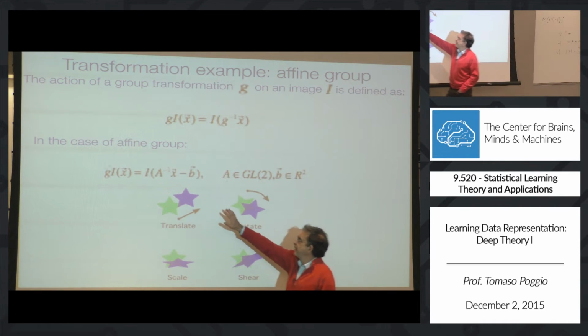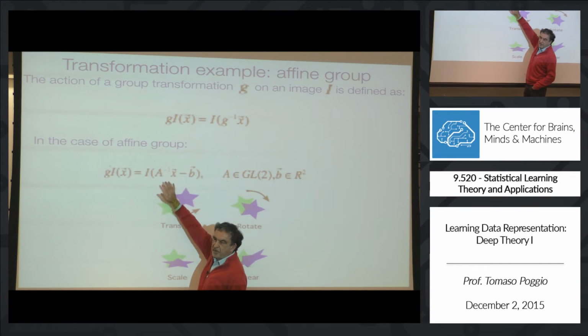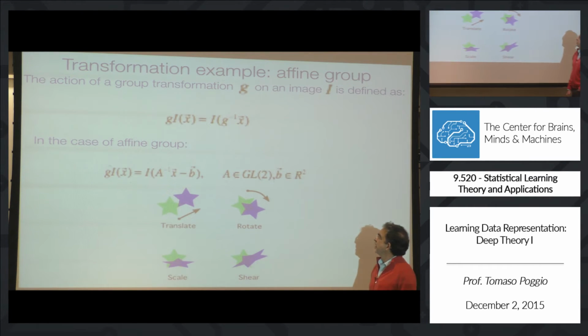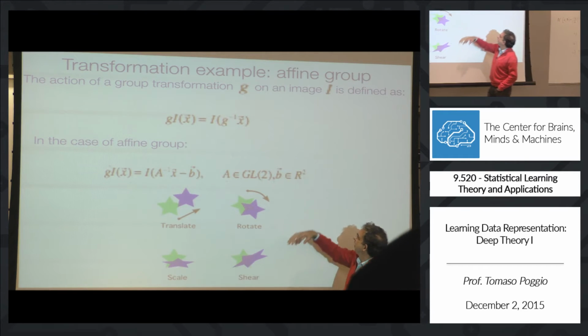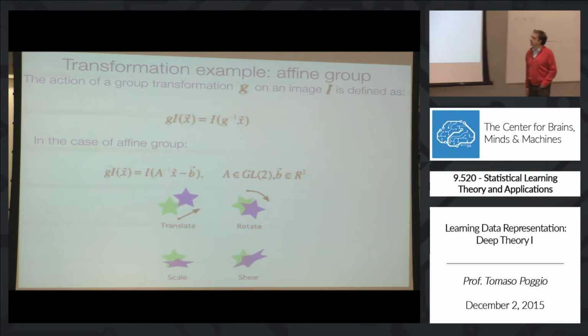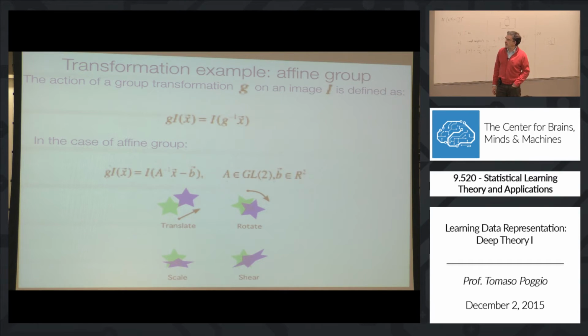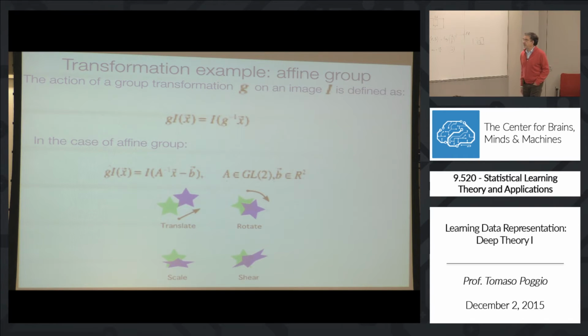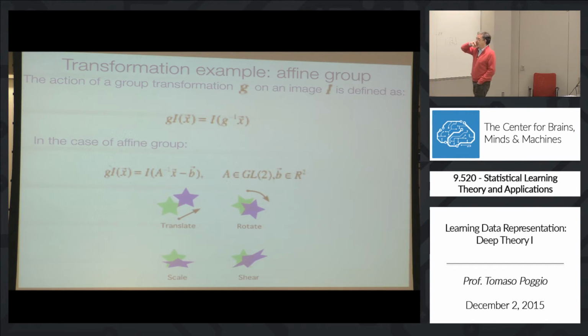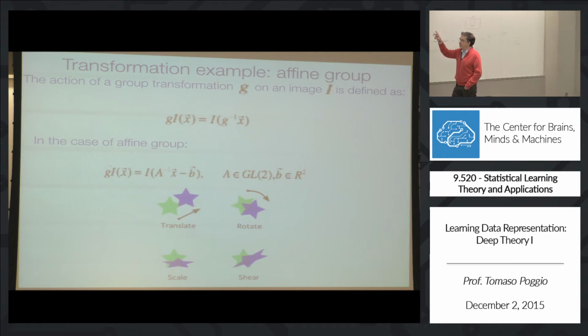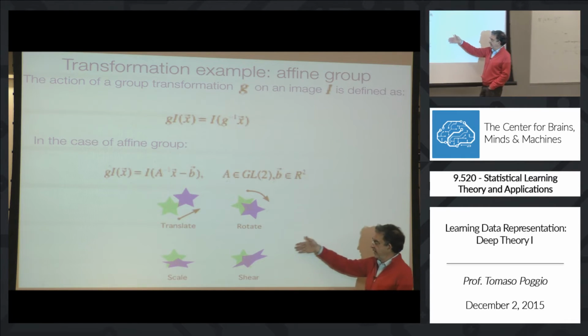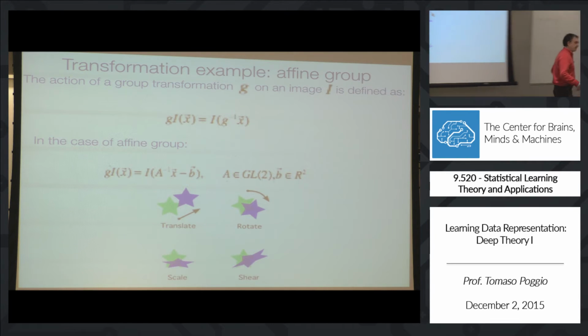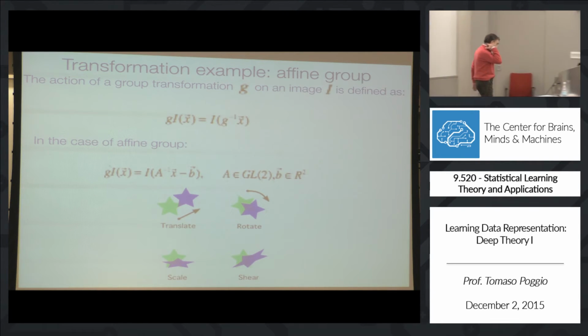So this is called the general linear group, the linear transforms in 2D, and then you add to it the translations, and this is the affine group. And you get translations, rotations in the image plane, not in depth, and scaling, and all combinations of rotation, translation, and scale, which are, for instance, shear and other deformations.